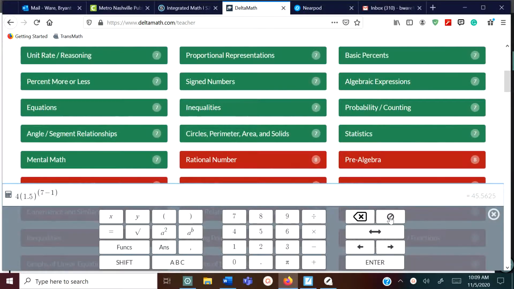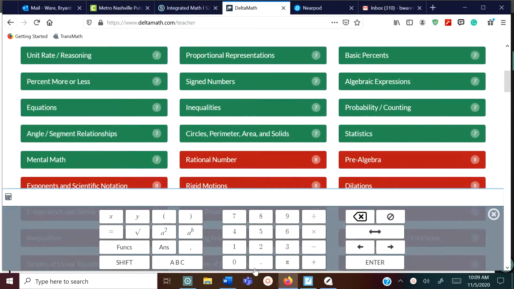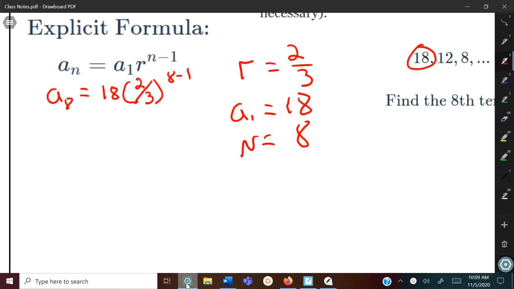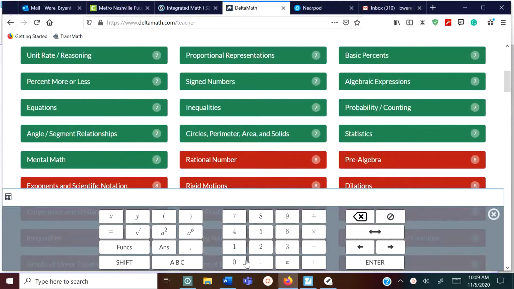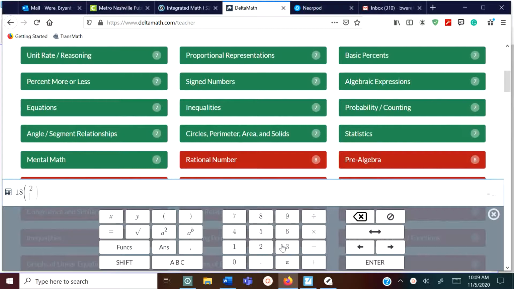So I'm going to clear this out and see what it was again: 18, 2 over 3, 8 minus 1. So we'll do 18, parentheses, 2 divided by 3, close parentheses. Let's backtrack. Let's see if I tab over and put the close parentheses.